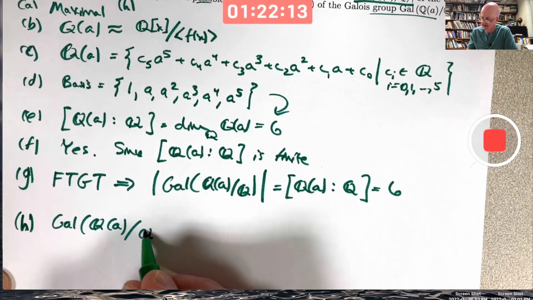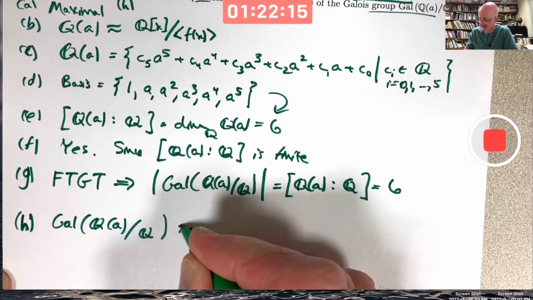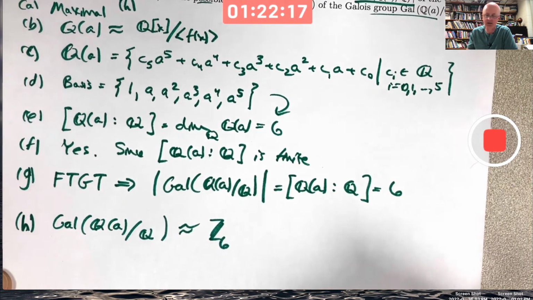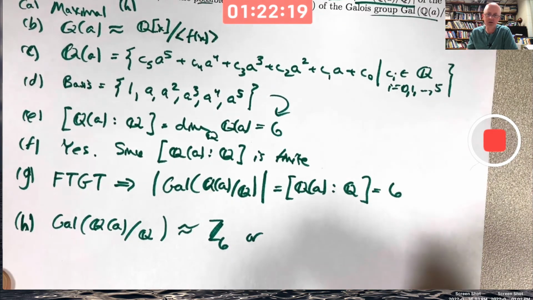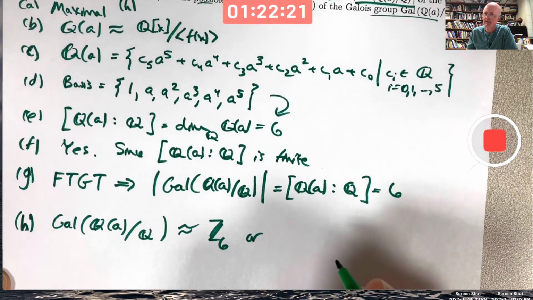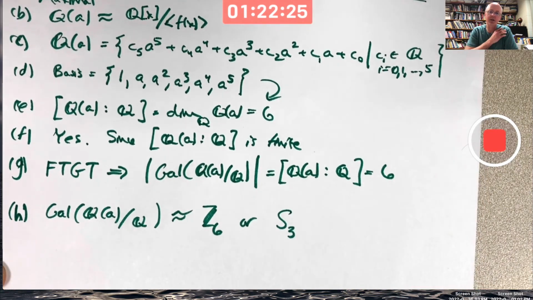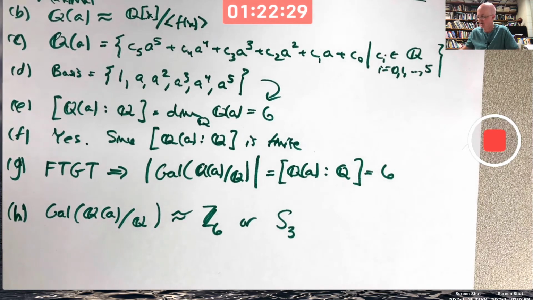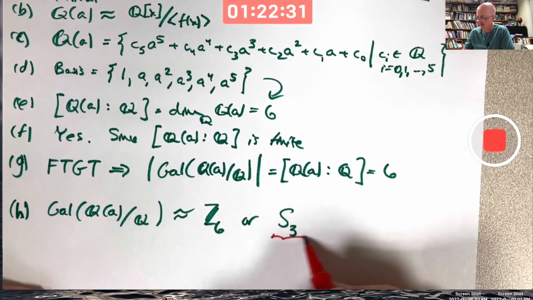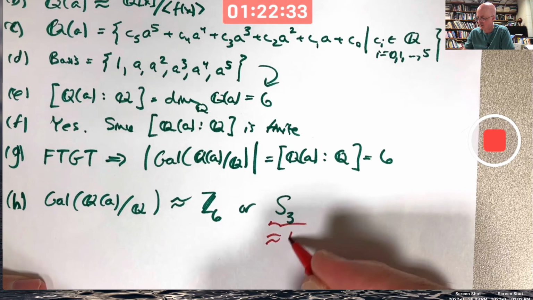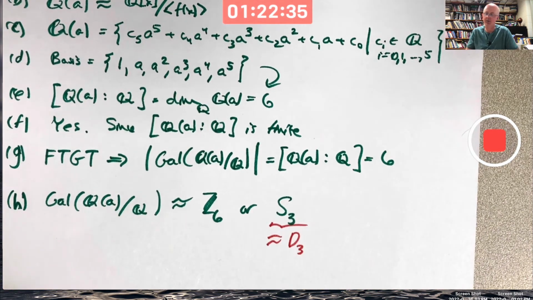Groups of order 6 are either isomorphic to Z6, meaning they're cyclic, or there are 2 ways this is typically written: S3, the symmetric group on 3 objects. I also could use D3, the dihedral group, which is the symmetries of an equilateral triangle.